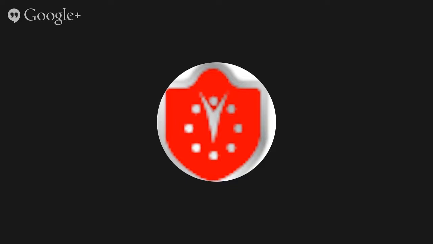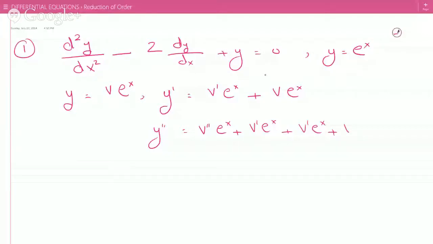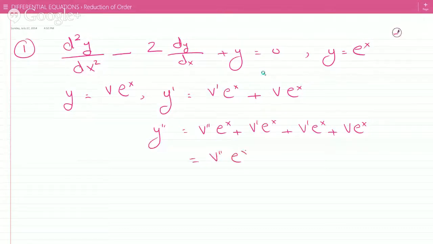And then here, derivative of the first is v prime e to the x plus v e to the x. So far, so good. So you get v double prime e to the x plus 2v prime e to the x, because there's two of those, plus v e to the x. Plug them back into the original differential equation.